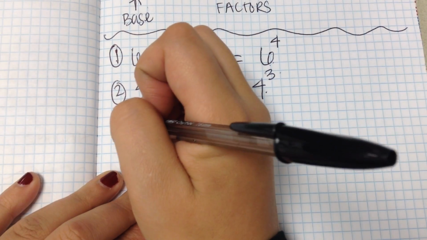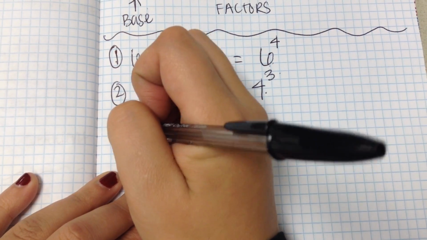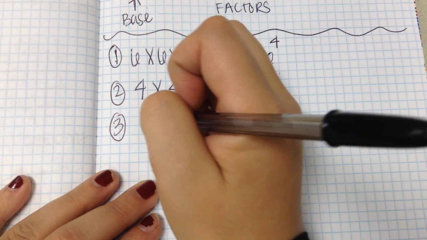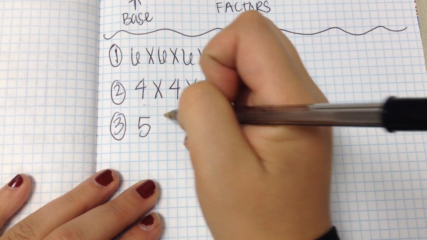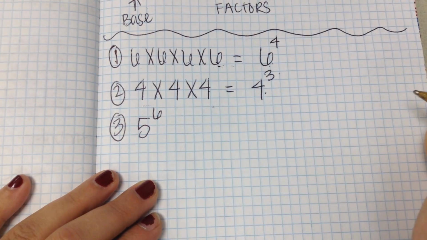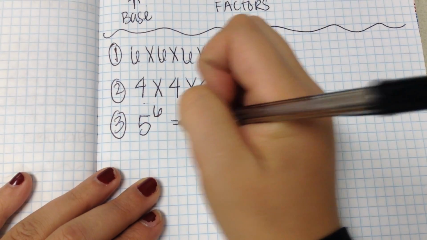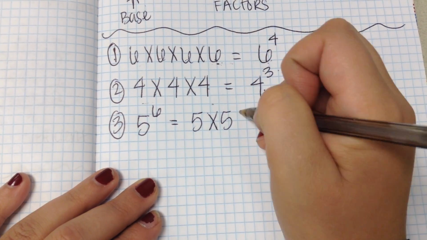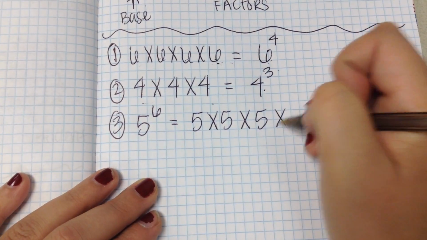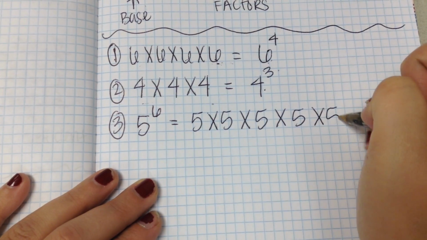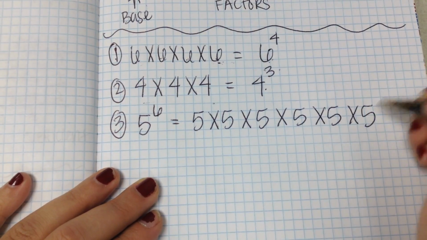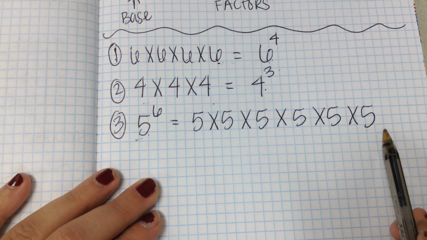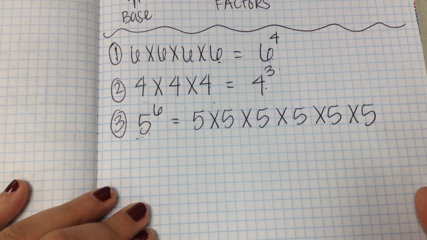We're going to start with the exponential form. So let's say we have 5 to the 6th power. We have to write it 5 times 5 times 5 times 5 times 5 times 5. Because I'm multiplying 5 6 times by itself.